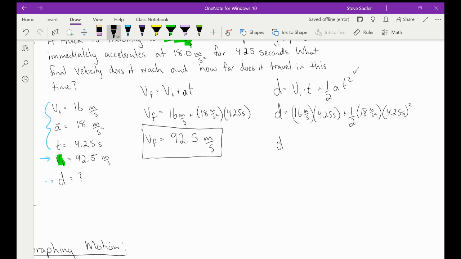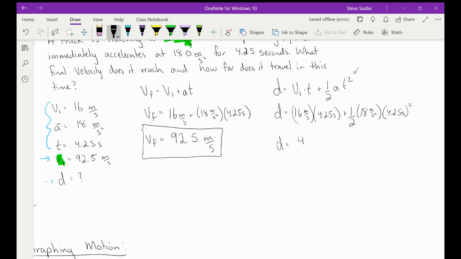All right, so we can do this in 2 steps if we want. 16 multiplied by 4.25 is going to give us 68. That's not right. This answer key is not right. Well, they're probably using sig figs. I'll just do it on my own. Oh, it is right.